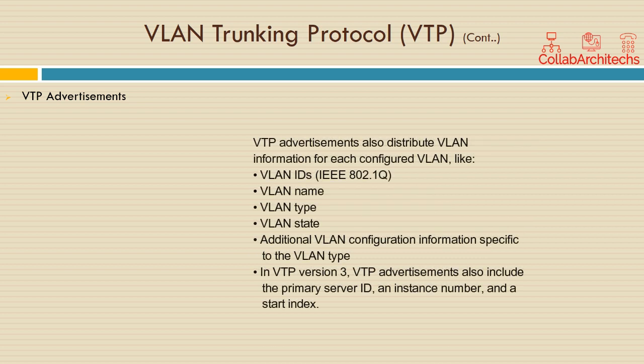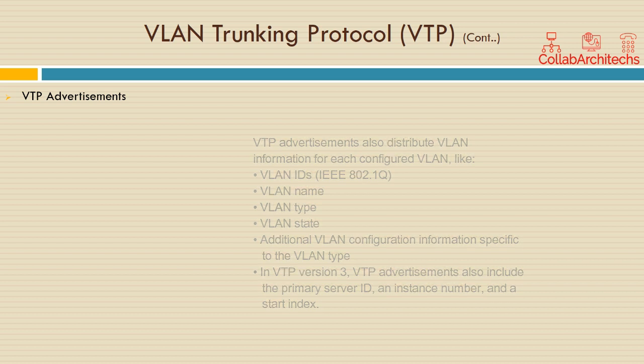VTP advertisements also distribute VLAN information for each configured VLAN, like VLAN ID, VLAN name, VLAN type, and VLAN state. Additional VLAN configuration information is specific to the VLAN type. In VTP version 3, VTP advertisements also include the primary server ID, an instance number, and a start index.